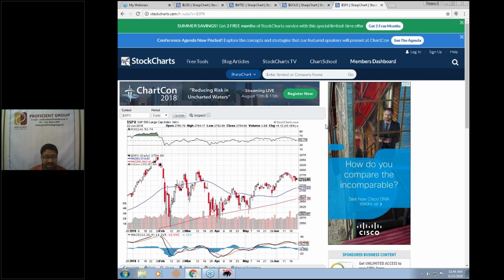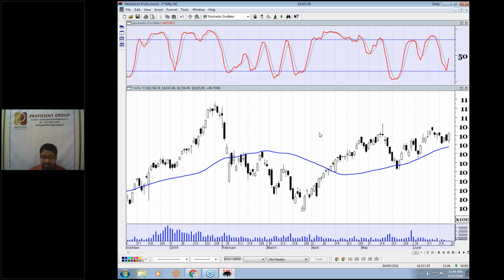So that is our view in US market, the global market perspective, that is. And if that is the case in global market, then let us come to the perspective of the Indian equity market. This is the chart of the Nifty 50 index. That is our index of the Indian equities, the large cap index.